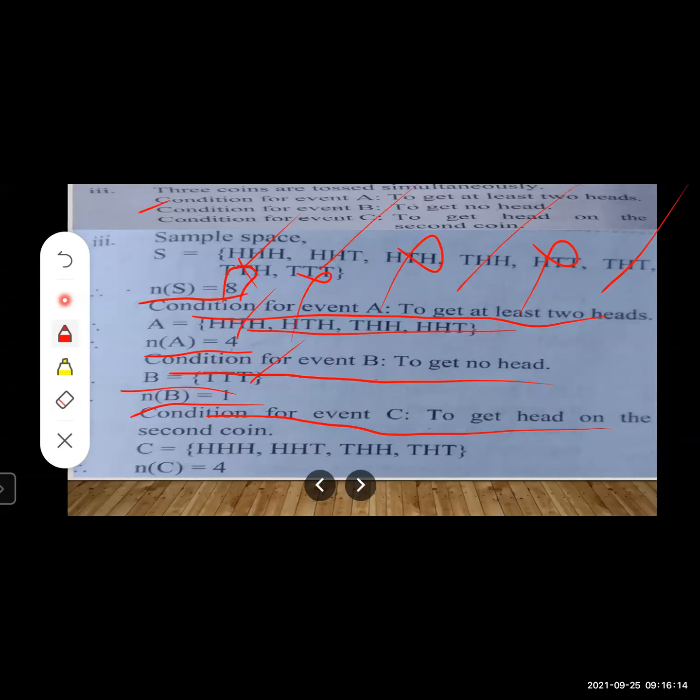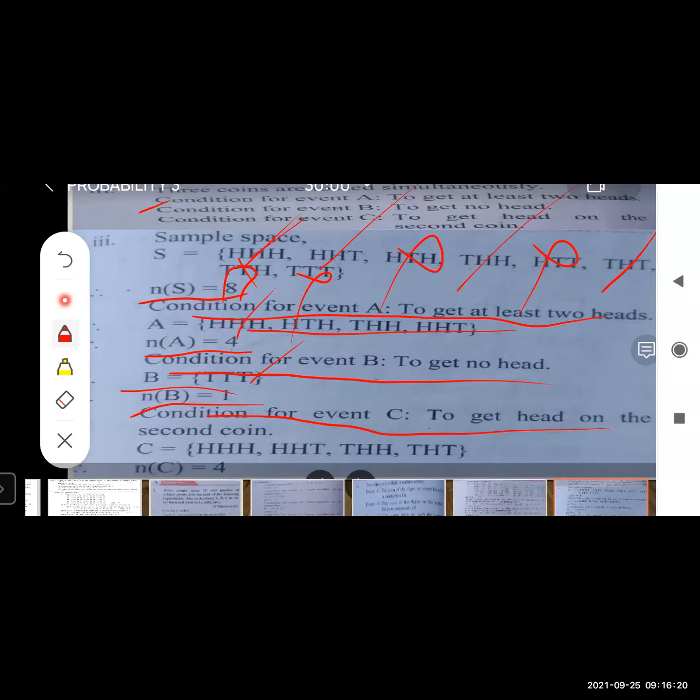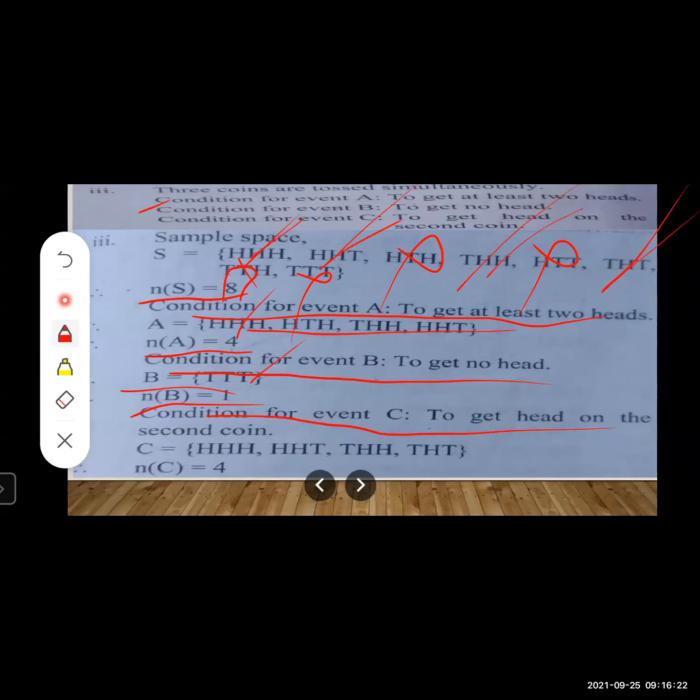So in all we will take 1, 2, 3, 4 as our favorable outcomes for the event C. So take the number of sample points for the event C as n(C) is equal to 4.